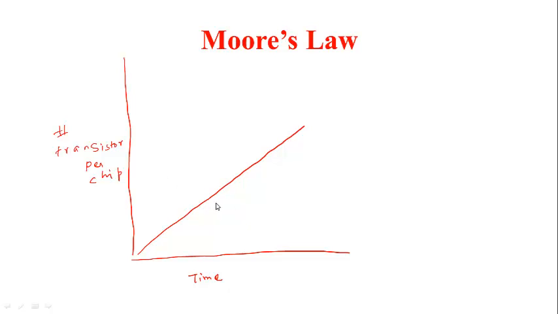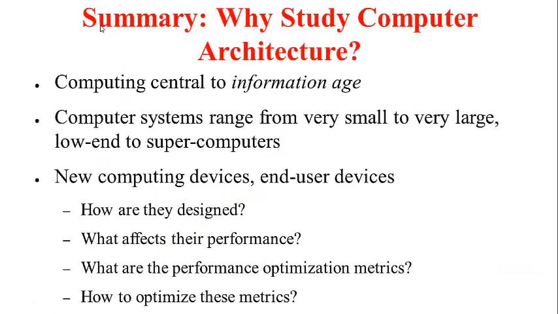This exponential growth has also been roughly of the order of doubling every 2 years. So the more transistors we've been able to pack, we've been able to grow the processing power roughly corresponding to that. So hopefully now the answer to the question why study computer architecture is self-evident.